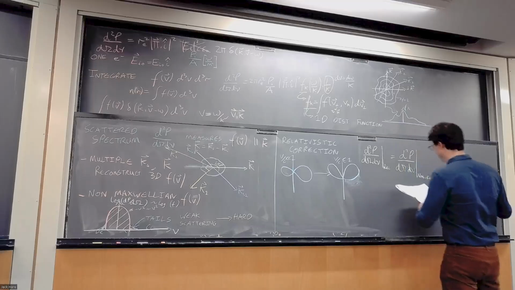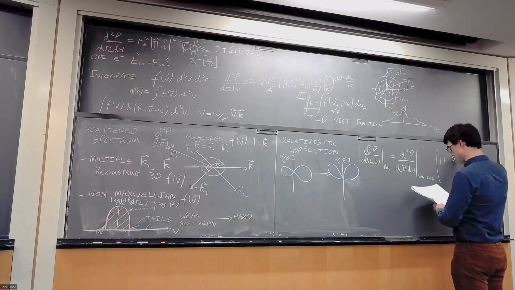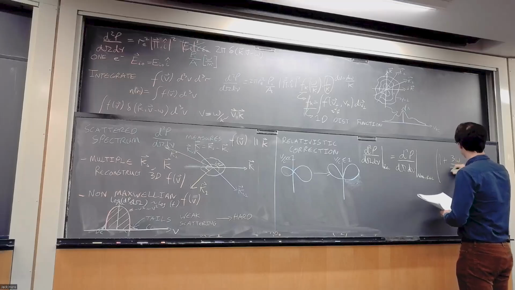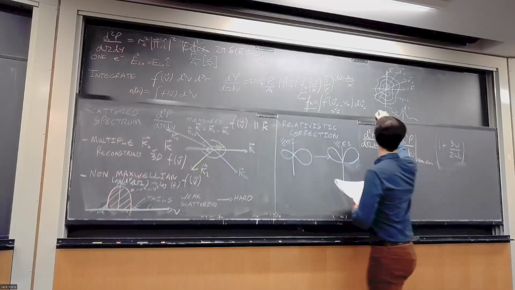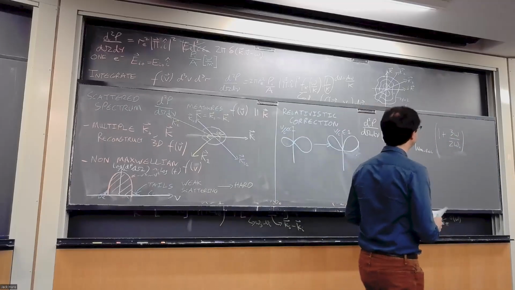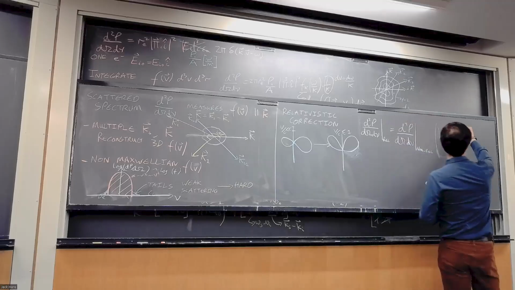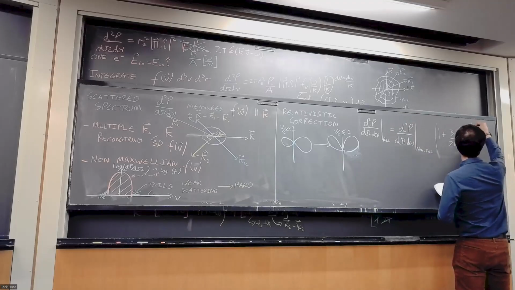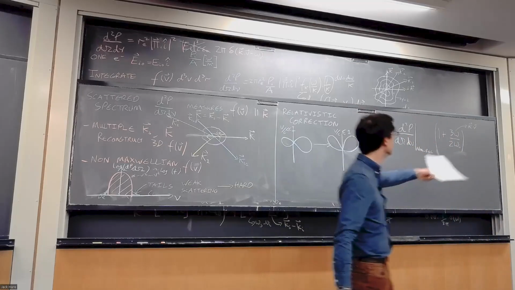But it has a correction factor to it, and that correction is 1 plus 3ω/2ω_i. This means that the whole spectrum gets shifted up. Remember that ω here is equal to k dot v, if you're wondering why this is relativistic. That's where the v is coming in.